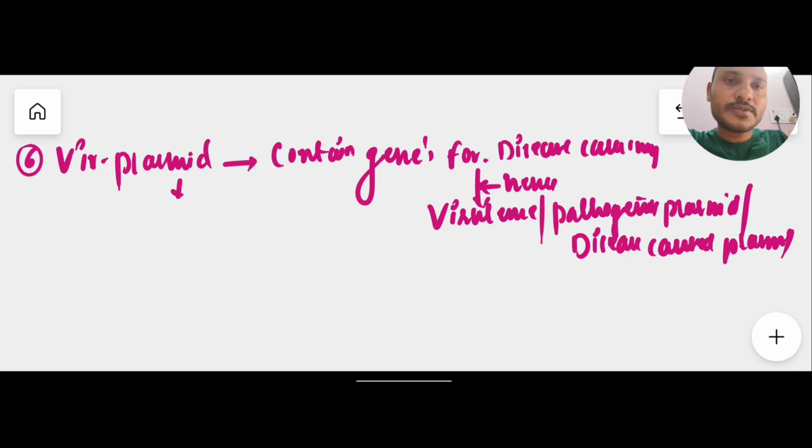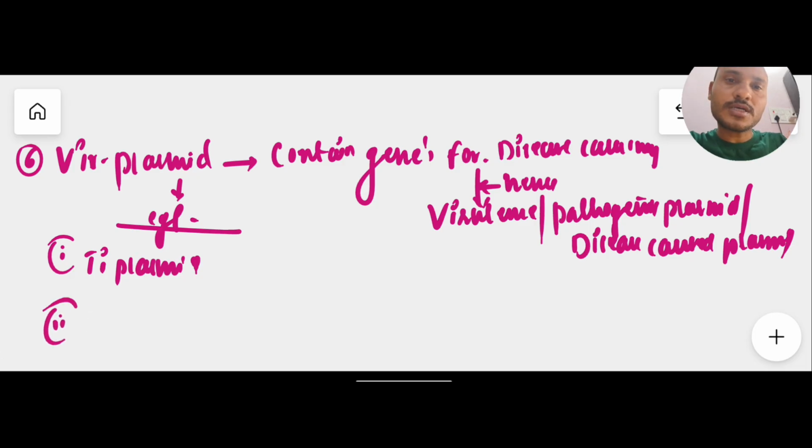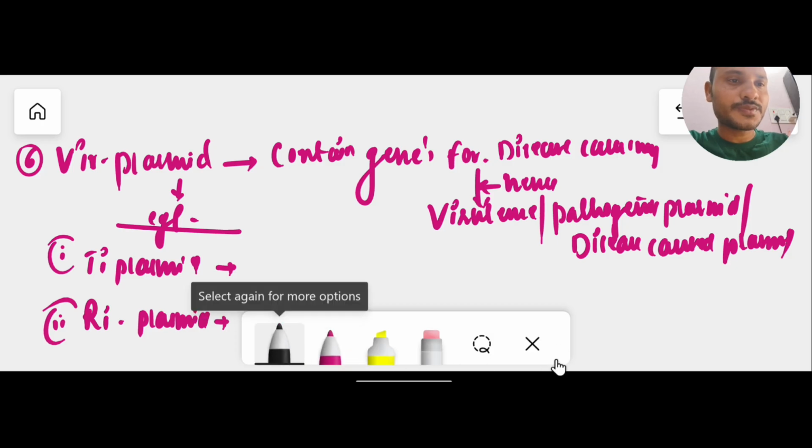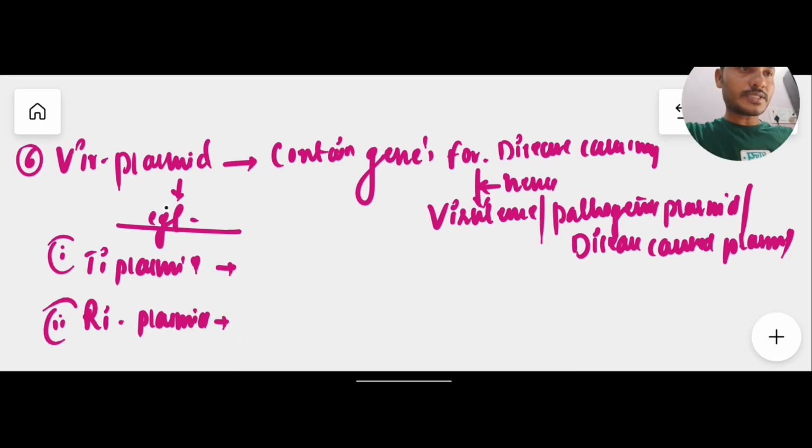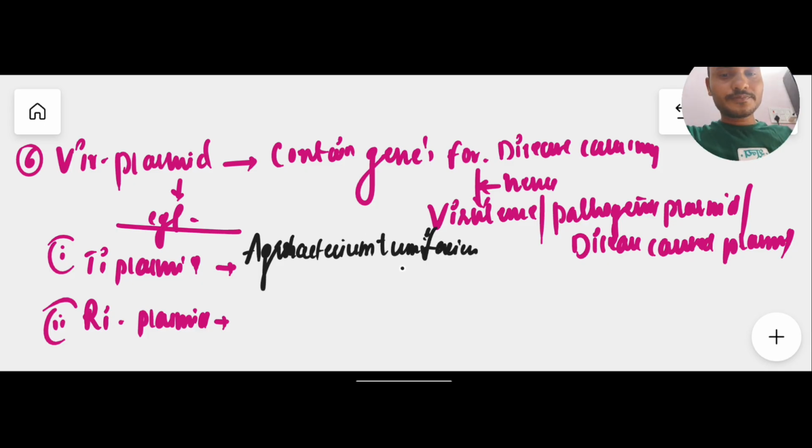For example, the Ti plasmid and one more plasmid, the Ri plasmid. Ti and Ri plasmids are both examples of virulence plasmids. The Ti plasmid is present in Agrobacterium tumefaciens, and the Ri plasmid is present in Agrobacterium rhizogenes species.